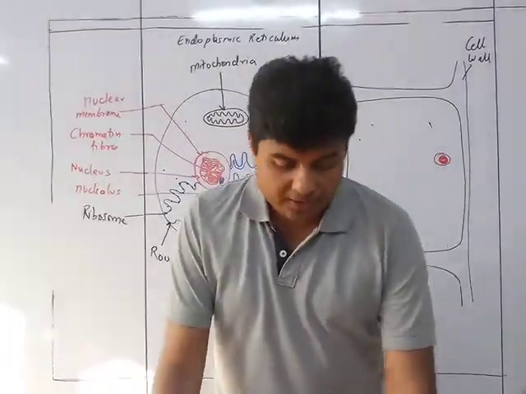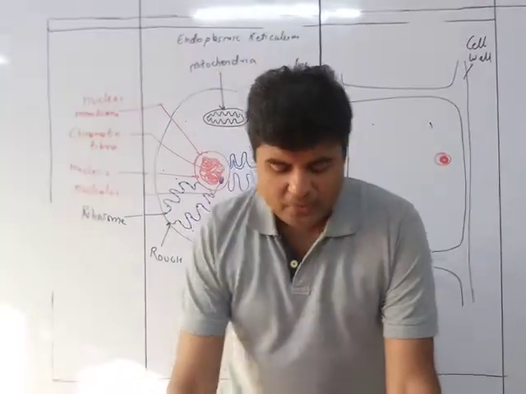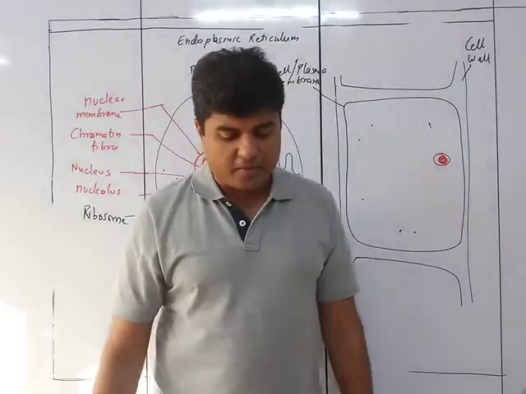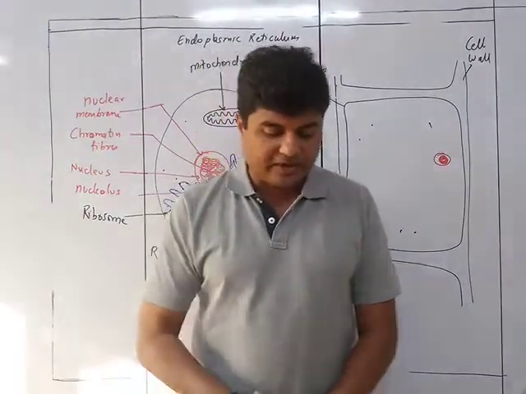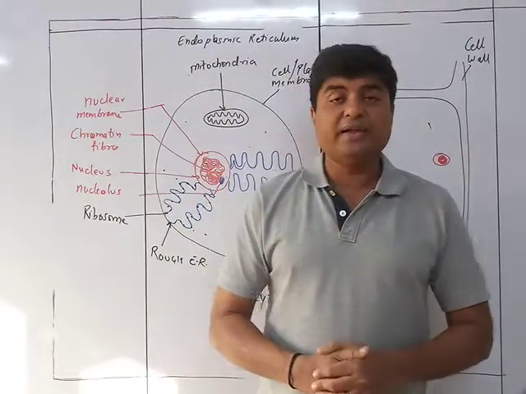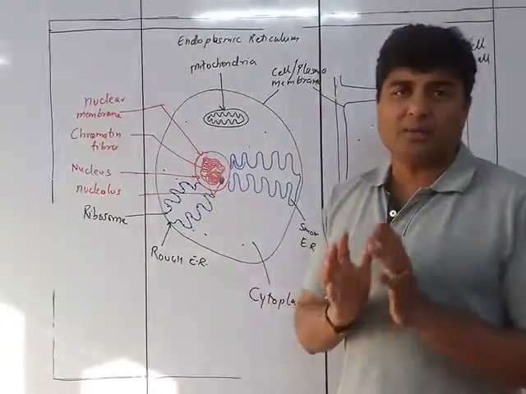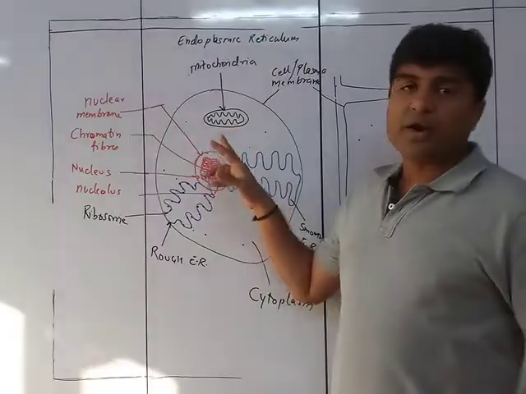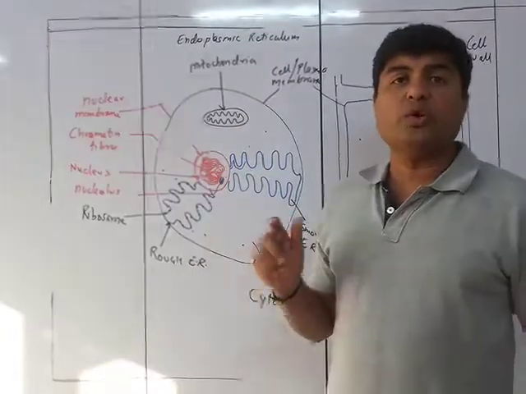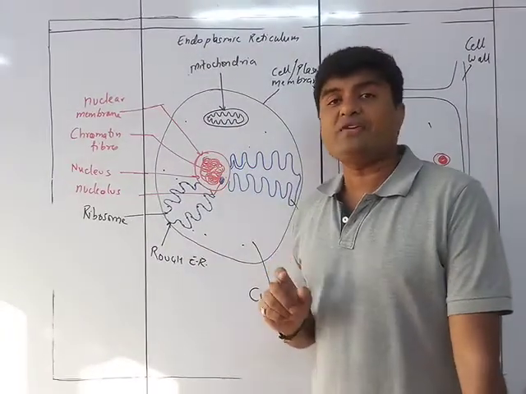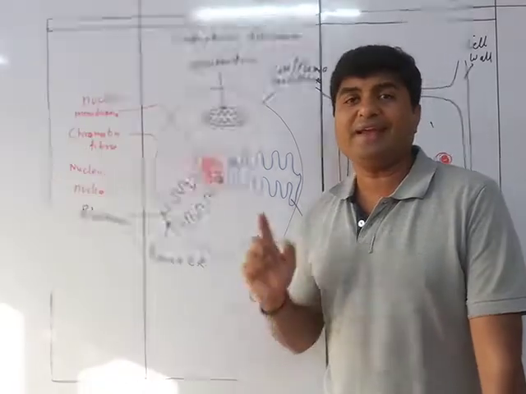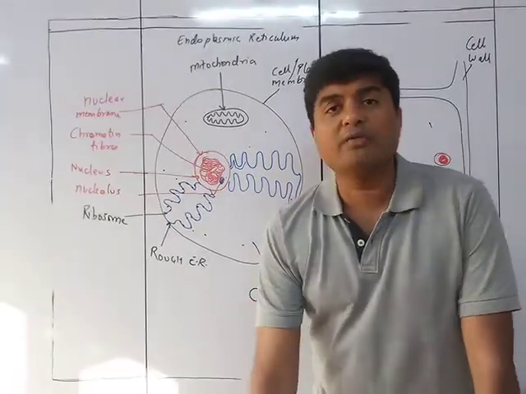What does it do? It releases energy from pyruvic acid produced in the cytoplasm in the form of ATP, that is the seat of cellular aerobic respiration, and stores energy. The main thing is that mitochondria is the one which generates adenosine triphosphate, that is ATP, for our body.